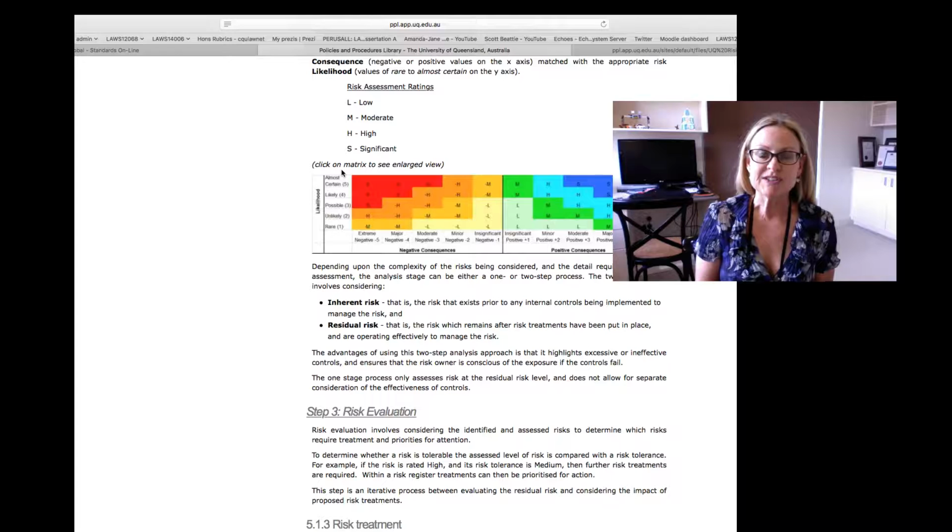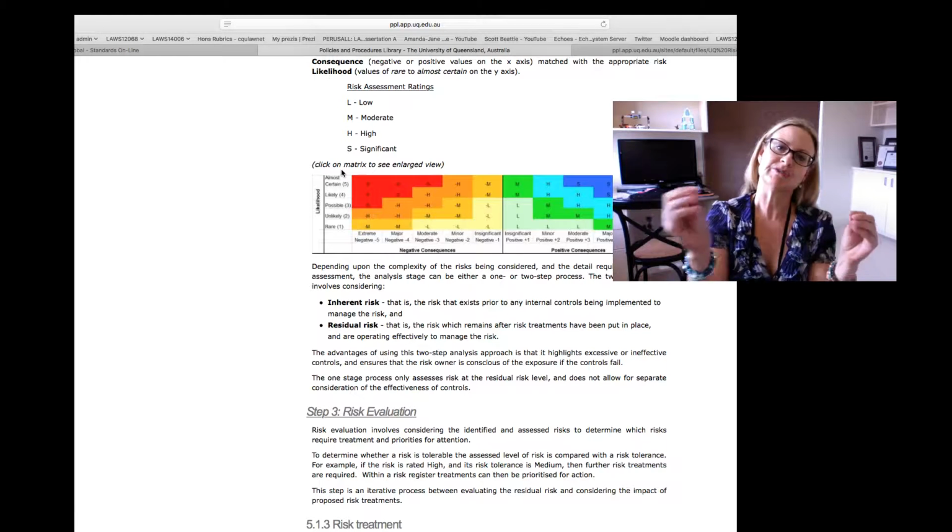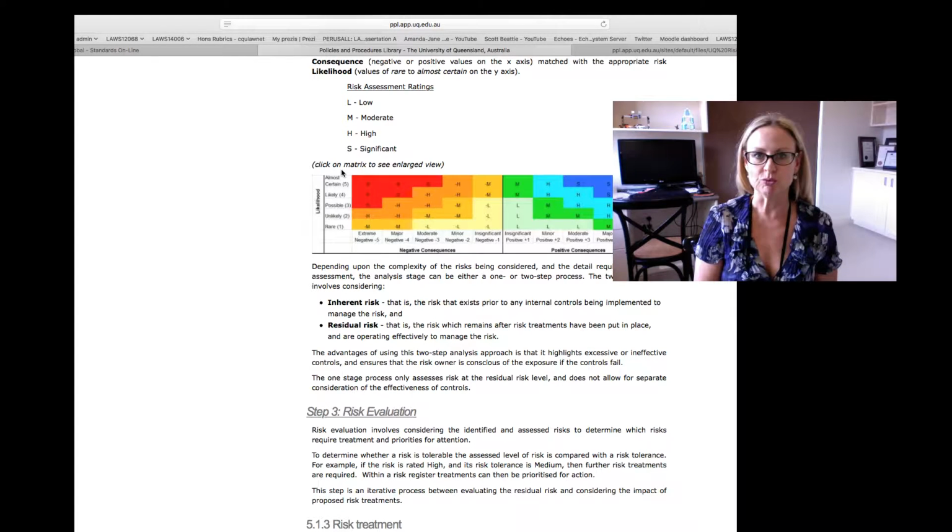Or are they risk takers, and are they happy enough to accept the risks that go along with perhaps more serious consequences? So they might be prepared to accept the kinds of risks that are in the orange shaded area, and really they'll just devote their risk control measures to the risks that pop up in the red flag area.